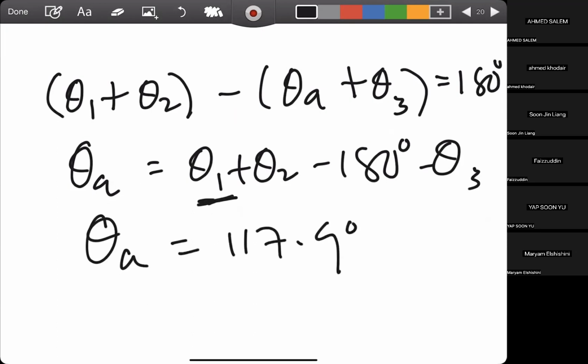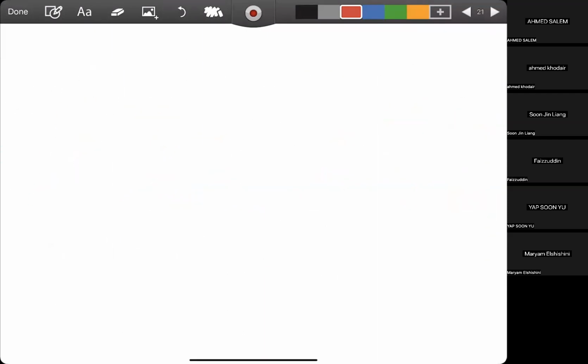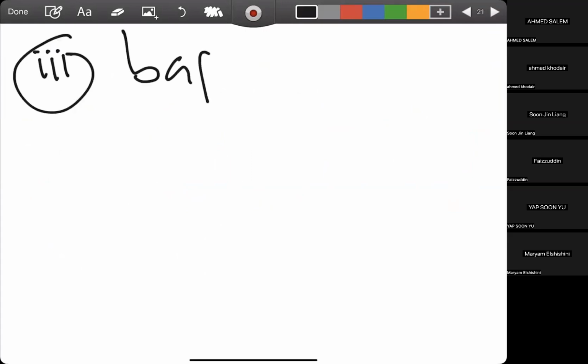This one you have to calculate by yourself. This one is easy. This one is 90 degrees. This one you have to use the Pythagoras theorem. Sorry, trigonometry. If you don't understand, you have to go back to school form 3 to calculate the trigonometry.